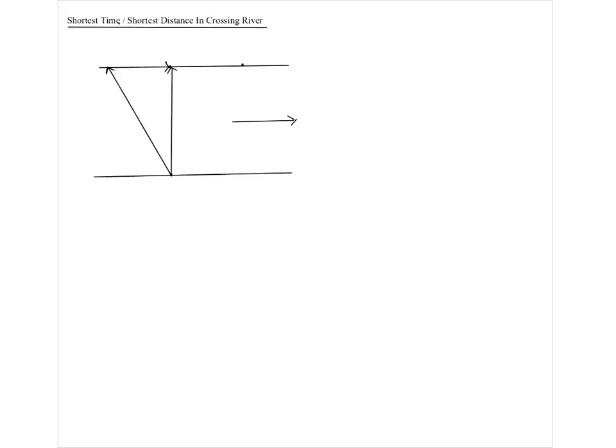And you have traveled the shortest distance by this approach. But you have opposed the river in this case. It's like saying that a component of your effort has struggled with the river.